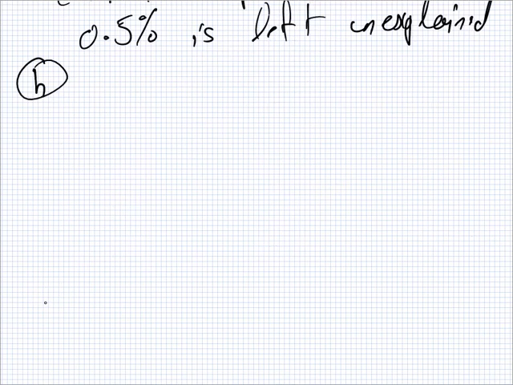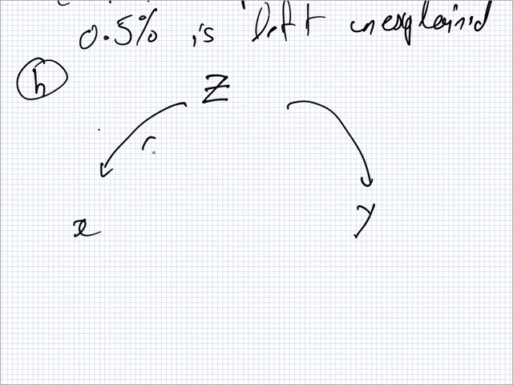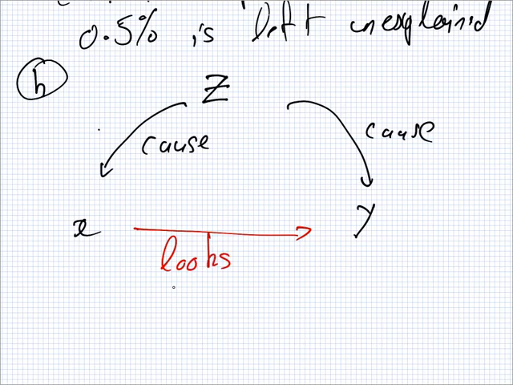So what could be happening is maybe there's something else called z, which causes the x and causes the y, and it looks like the x is causing the y. The example we did was the temperature.